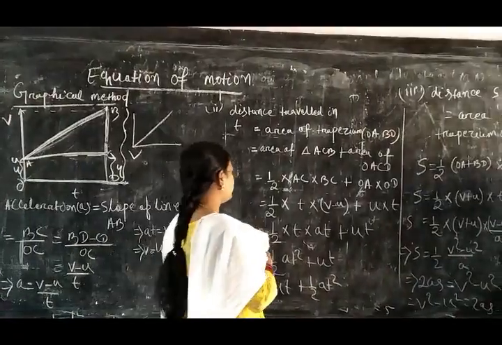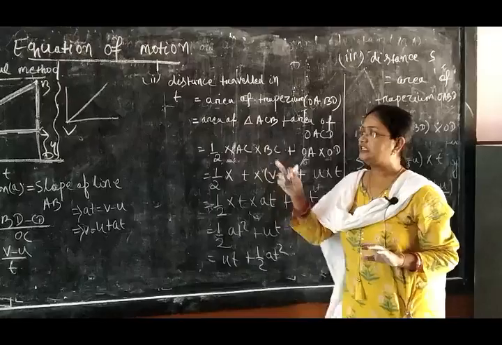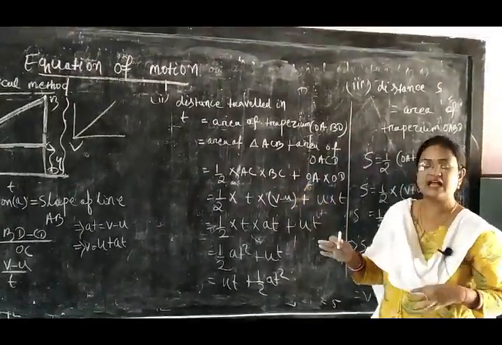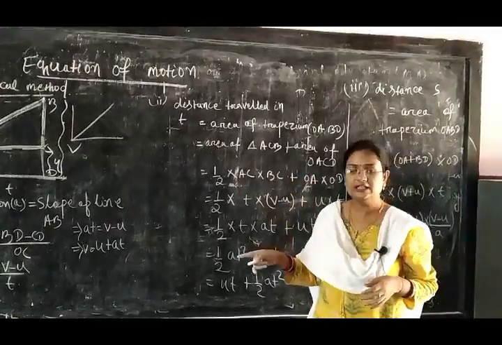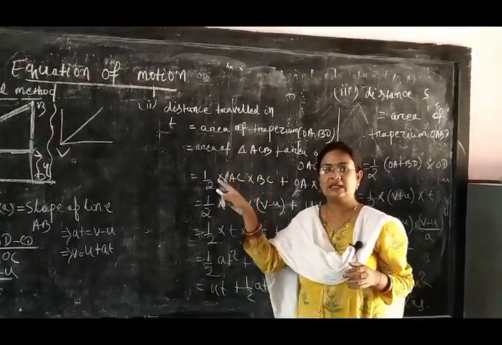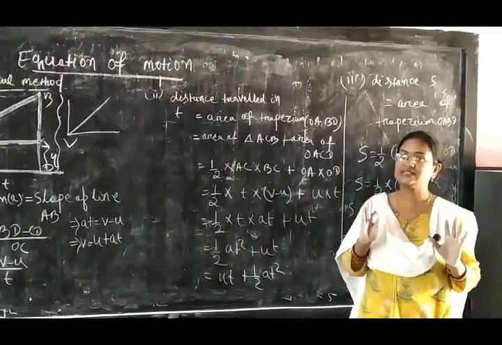Now you see how we will calculate the second and the third equation of motion. The second equation of motion is s equals ut plus half at square, and the third equation of motion is v square minus u square equals 2as. In both equations, s is there. S is your distance.